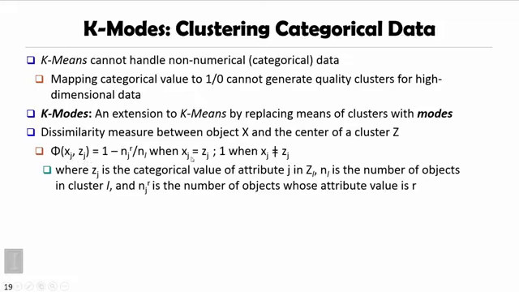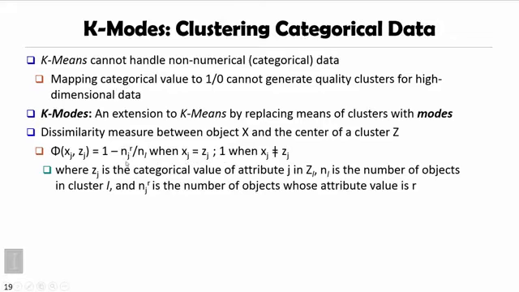Essentially, if this object is not equal to the center on the same attribute, they are different, then we just say the distance is 1 because it's very dissimilar, or the distance is the largest. However, when this value is equal to the attribute center here, then we give this formula.